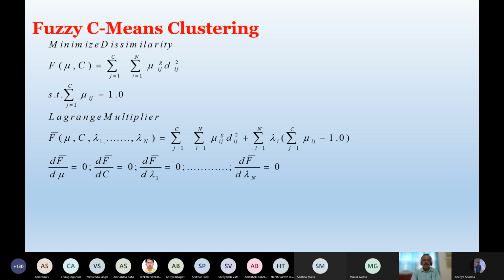Okay. And we multiply by a Lagrange multiplier, that is lambda i. I hope some of you have studied the Lagrange multiplier method.